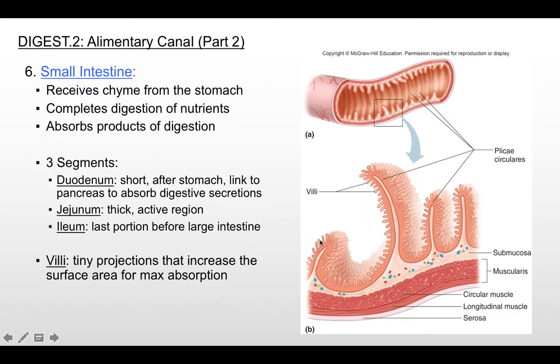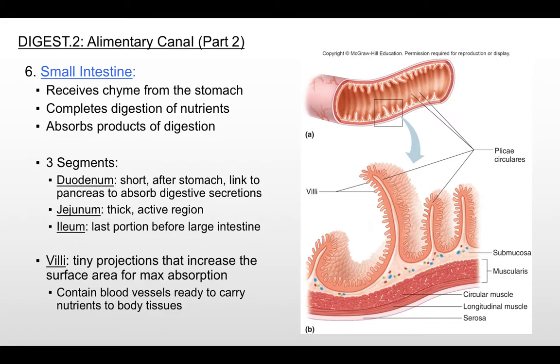Every one of these individual little villi and microvilli, which are even smaller ones that you'll see on there, are capable of absorbing food. So here, here, here, here, here, here. If you just had a smooth tube, you would have far fewer places for food to enter your bloodstream. And so all of these villi really increase the surface area so that you can get max absorption.